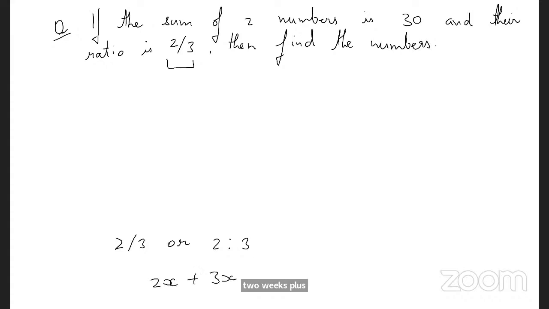We use the ratio numbers and put x with them. Some of you did it like 2 plus 3. This will be wrong. You have to do it like this: 2x plus 3x.